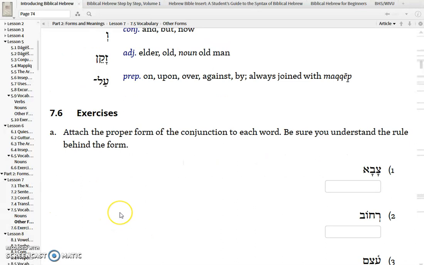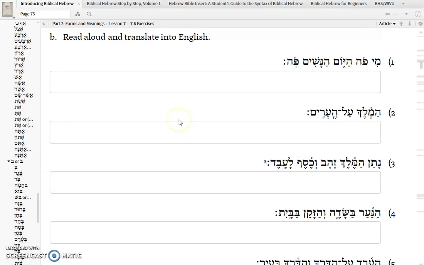Now, the exercises, you're to attach the proper form of the conjunction to each word, depending on what goes there. And then in part B of the exercise, you are to read aloud and translate into English. So you'd read it aloud, mi po hayom hanashim po. The first part is a question.